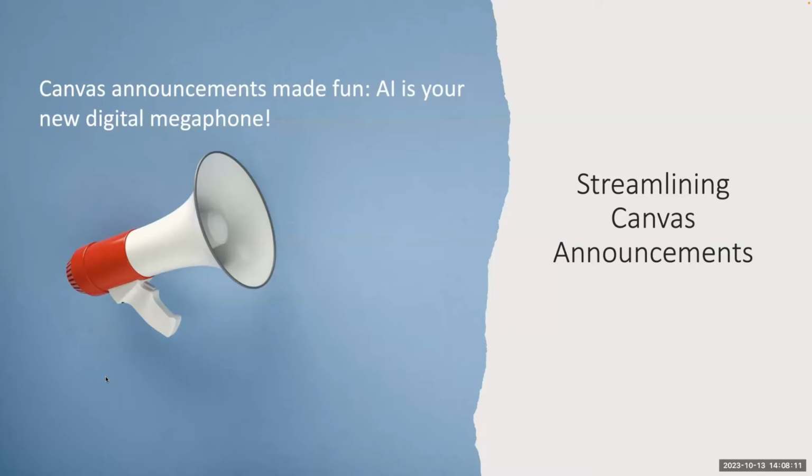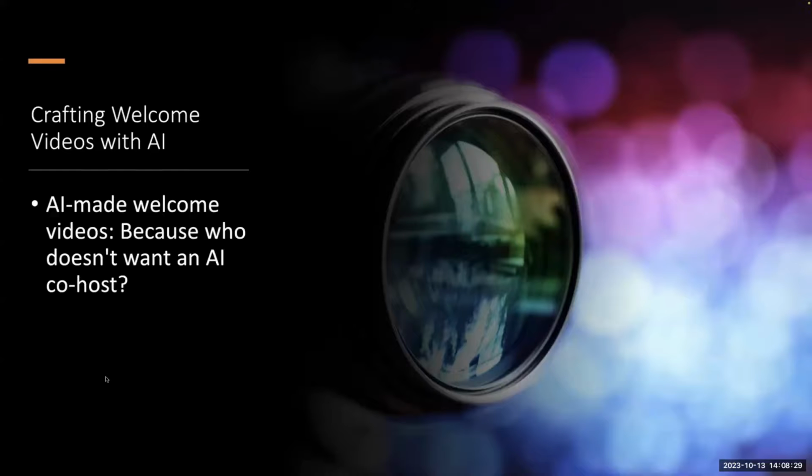And I had a hard time writing the announcement that gave all those directions without stumbling over my words. But this is cool. You can use AI to help you with your announcements. And I really like the fact that it shows the megaphone there. Streamlining Canvas announcements. I do like that.